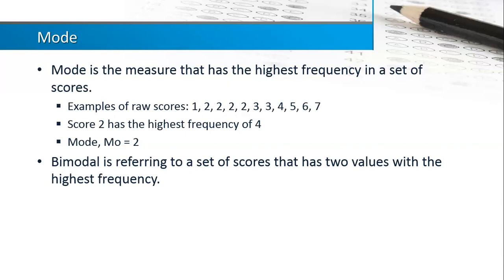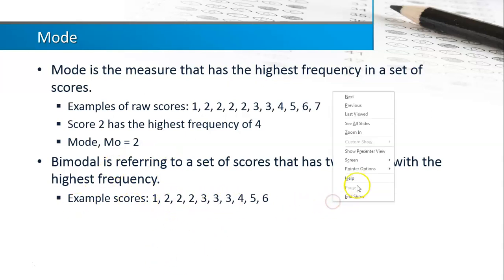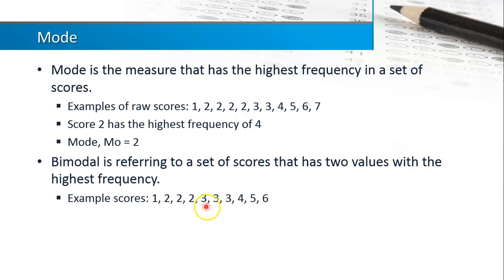For example, here you can see that 2 and 3 have the same frequency, which is 3. So we can say that this is bimodal, and the modes are 2 and 3. This usually represents that your data have two modes.